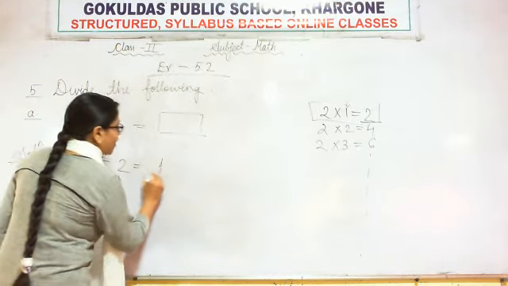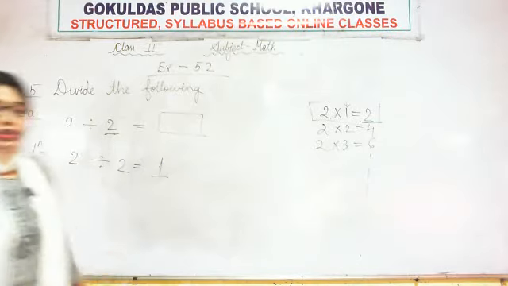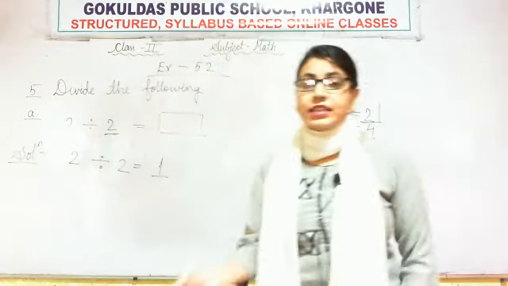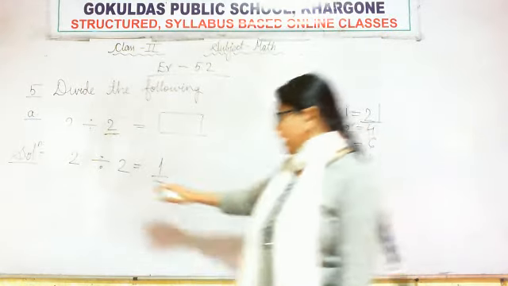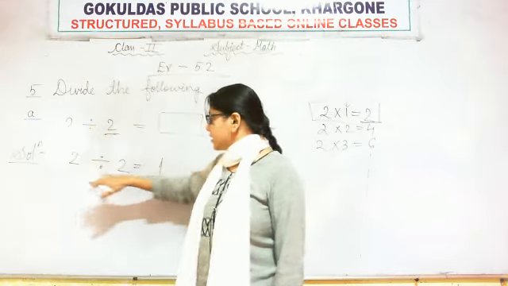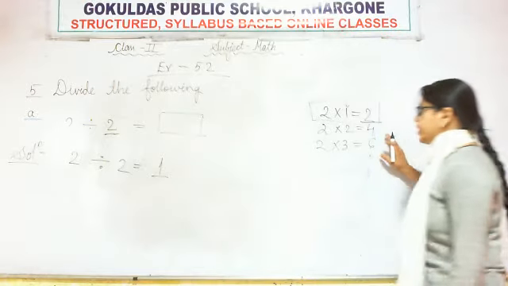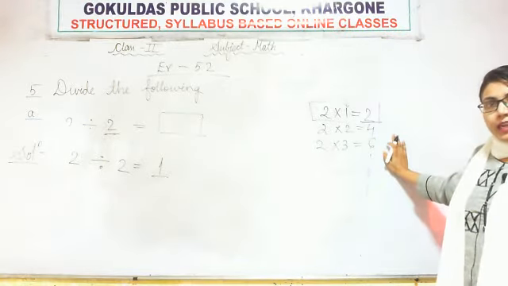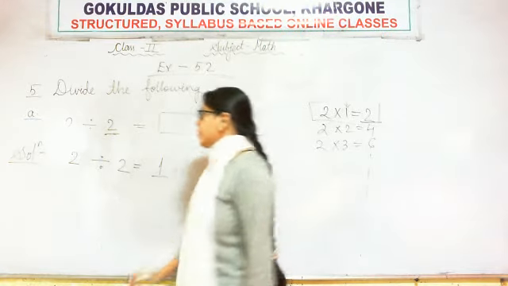1. Or we can do this with the help of property also. We know the property. If a number is divided by itself, the answer will be 1. So here the number 2 is getting divided by itself. 2 divided by 2 is 1. Either we can do it with the help of table or multiplication, or we can solve it by the property.